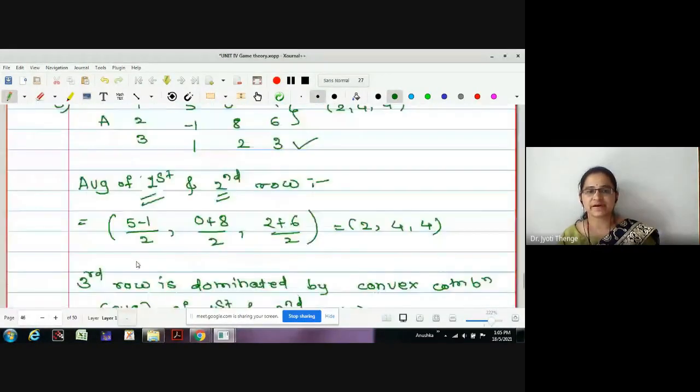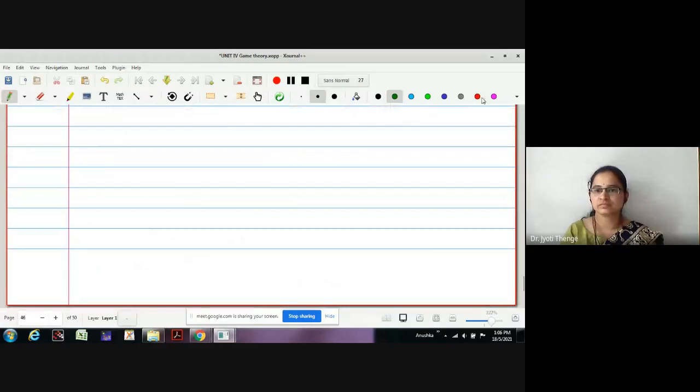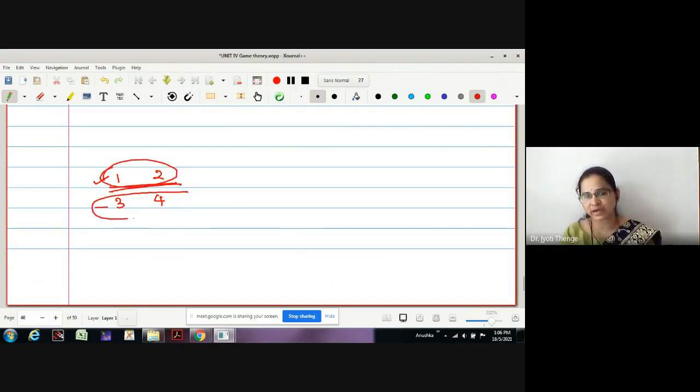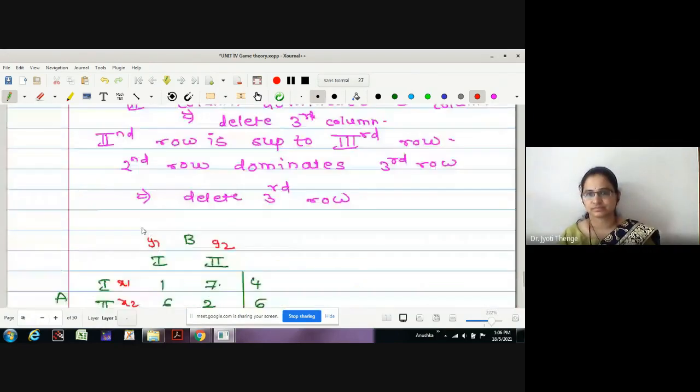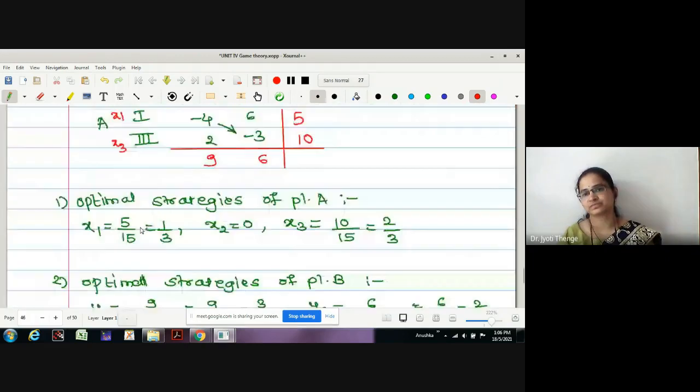Try to understand this fact. If these are the rows 1, 2, 3, 4, clearly the first row is inferior to the second. Then, if the maximum expected gain is to be calculated, this row is not going to give us the maximum anyhow, because these entries are lesser than these entries. That's why we were relating inferior and superior column. This is a hint you can remember.